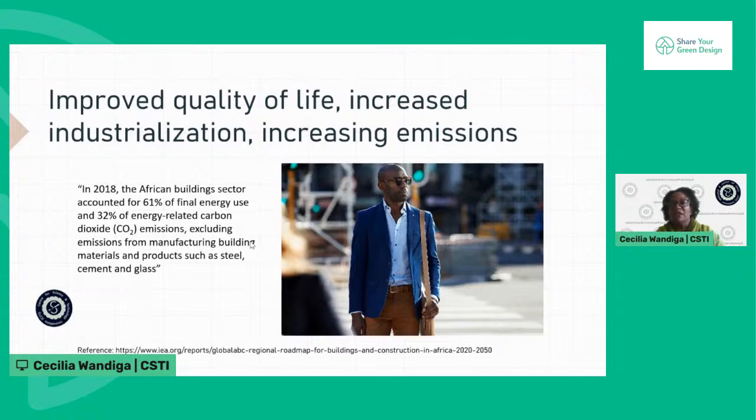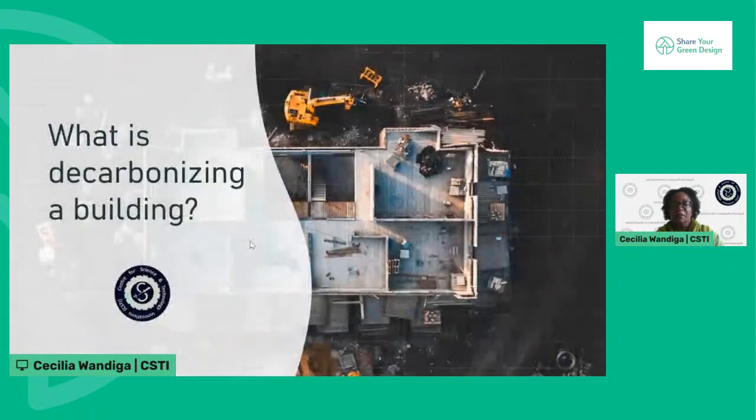So if we're looking at the total amount of emissions in Africa, what this really means is the construction sector is consuming not only a lot of energy, but also emitting a lot of carbon dioxide. And that's something that we want to change a little.